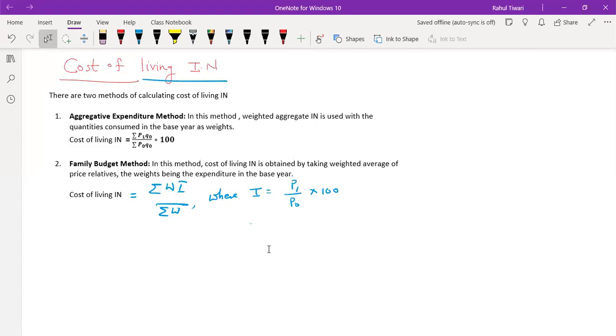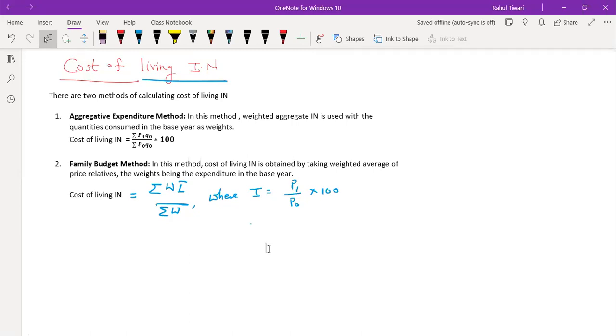So as I said, your cost of living index number depends on two factors. One is aggregative expenditure, how much your total expenditure is. The second is your family budget. In a family, one person is earning or two people are earning. Based on their budget and income, their expenses can be calculated.